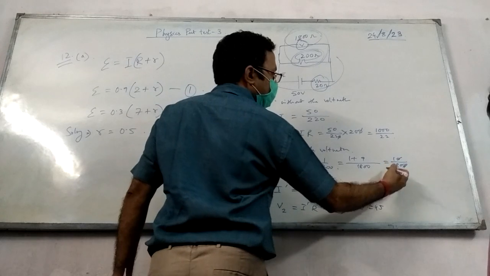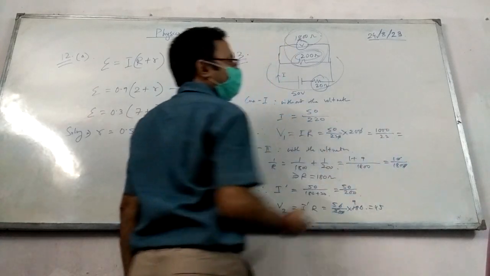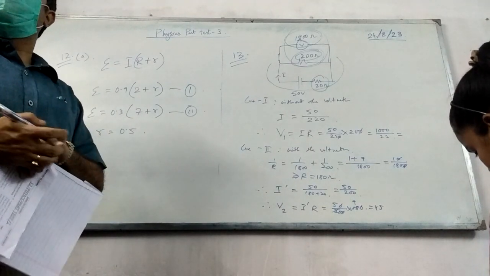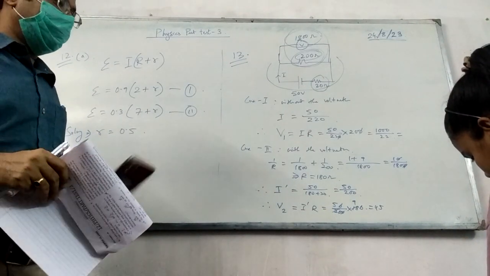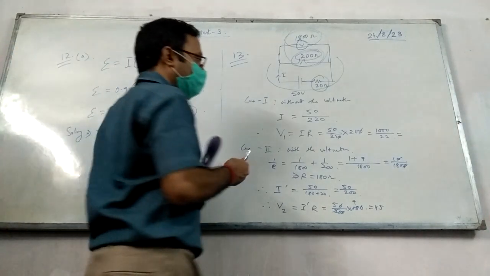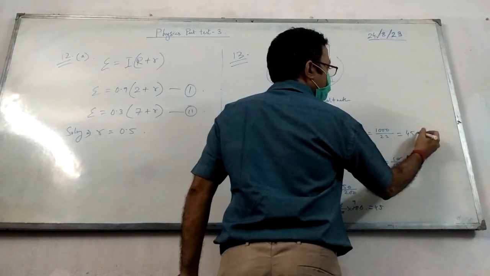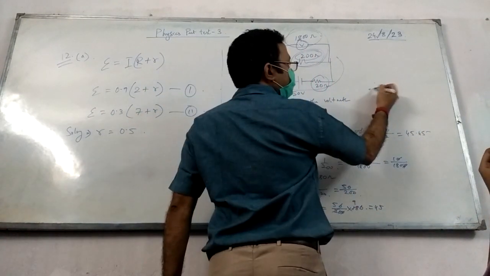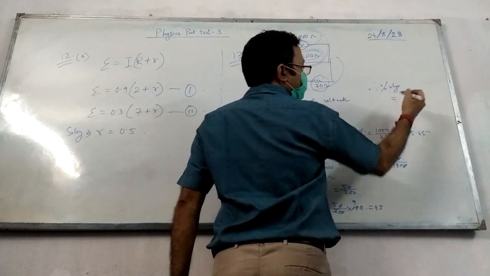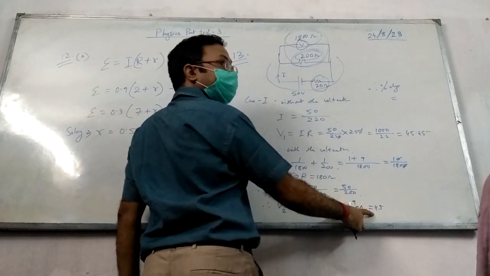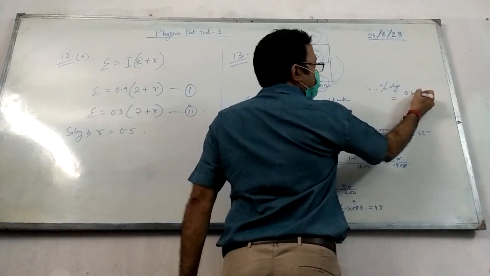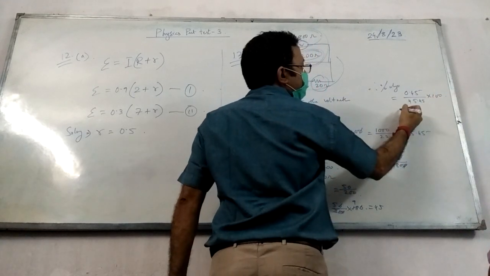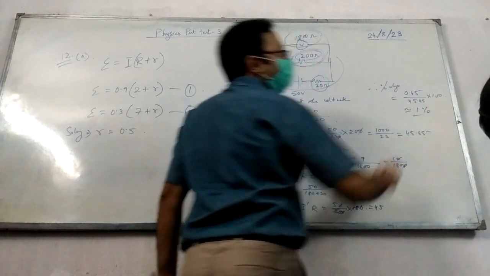That is 45, and what was it earlier? We can calculate it: 1000 by 22 is how much? 45.45. So see how much the percentage change is. Percentage change is equal to 45.45 minus 45, that is 0.45, by 45.45 into 100. So that is nearly equal to 1%.